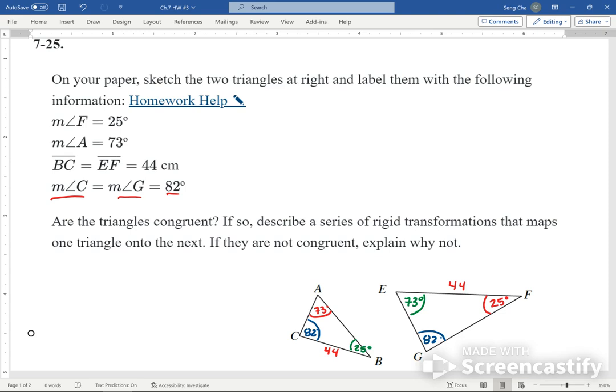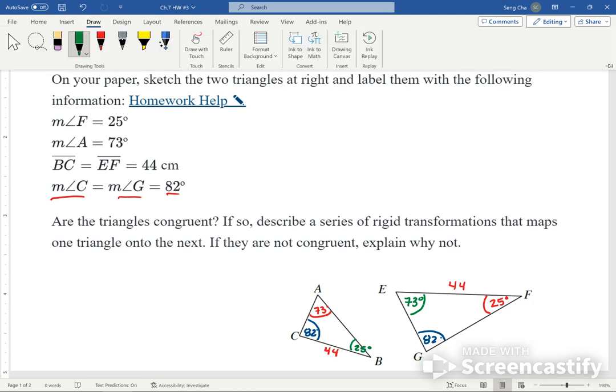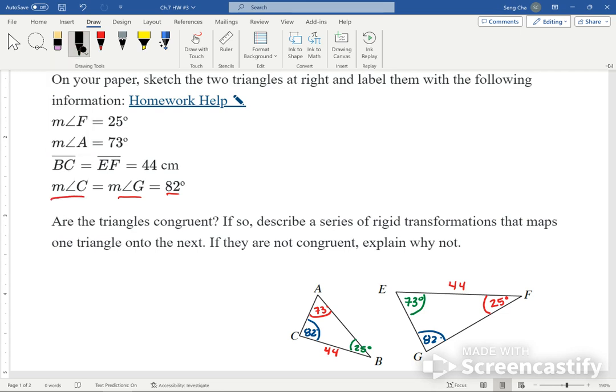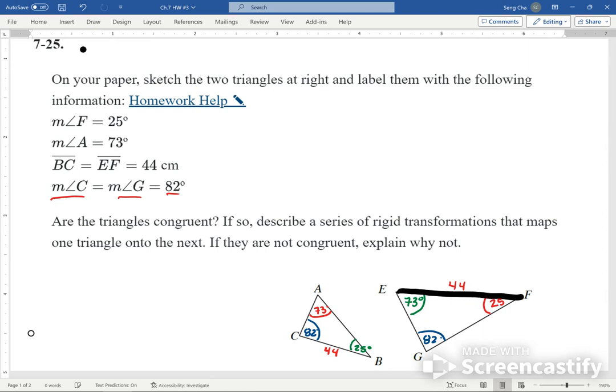So what I'm focusing on is trying to see if I can get them to be congruent to each other. So let's see. The only side I have is the 44. So I have that 44 and 44.